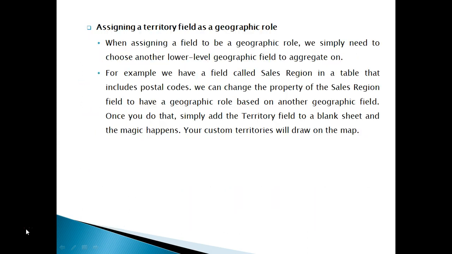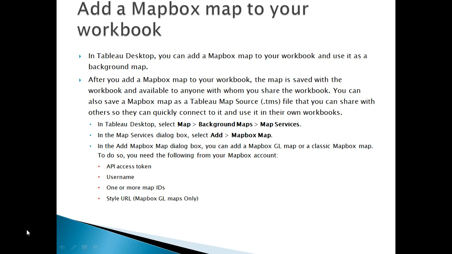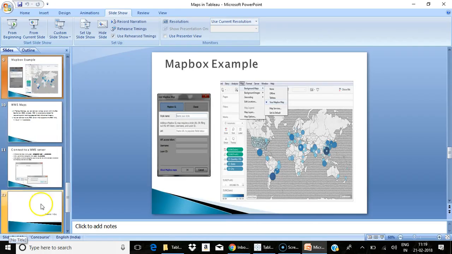You can build custom territories using maps and integrate with Mapbox. Mapbox is an external map vendor where you can use a different style, background style maps, map layers and all. It also supports WMS maps, Web Map Service Protocol, to bring into your Tableau maps. So let's see all these things using a live practical demo.